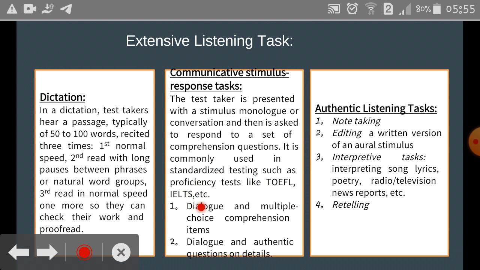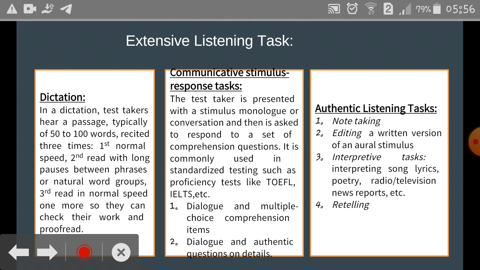So for example, the dialogue and multiple choice comprehension items, and then the dialogue and authentic question details. I believe you are familiar with this type of listening task because we use it with university students, like for example, when you first entered the university or the institution, and then in listening class, I believe you have done it many times.